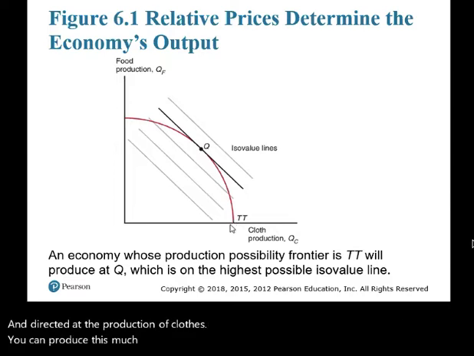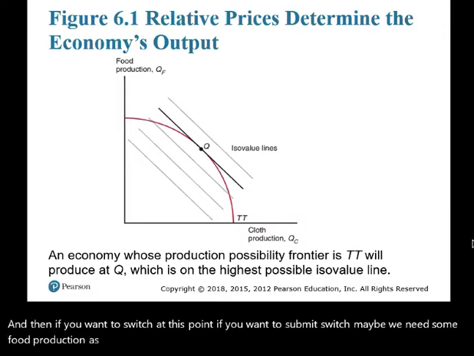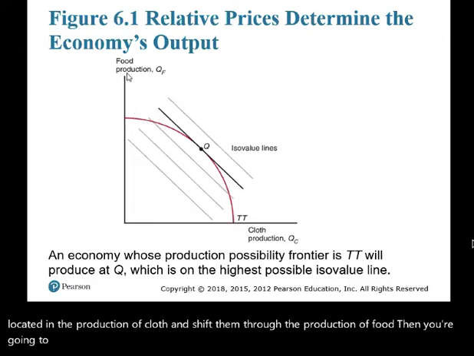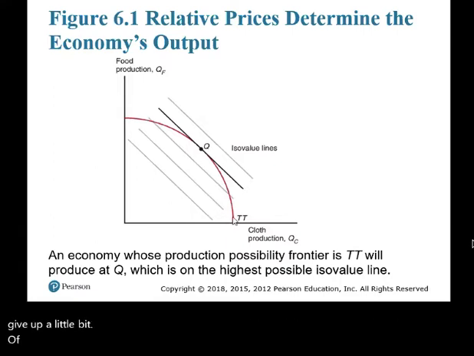If you then want to switch, maybe because we need some food production as well, you have to give up some of the resources allocated to clothes and shift them to food. As you move along the curve, you give up a little bit of clothes and gain a lot of food production.